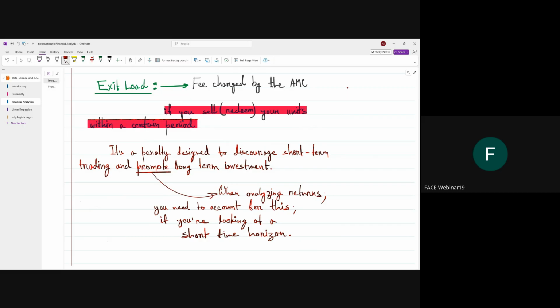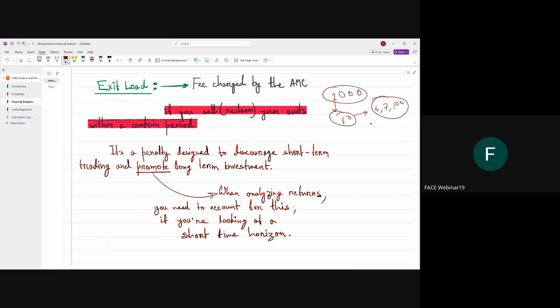There's also one fact, I don't know if you know. Suppose 1000 people invested in a fund, and now 10 people withdrew. Somebody has 6 units, somebody has 7 units, somebody has 100 units or whatever.